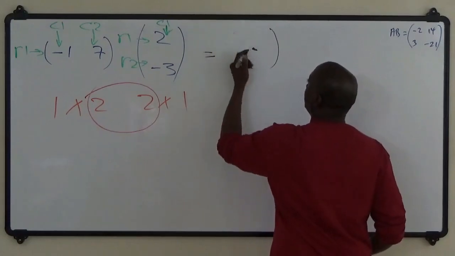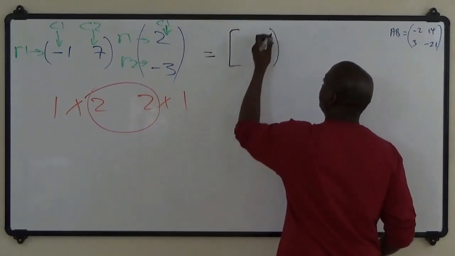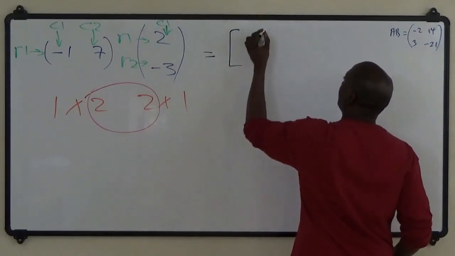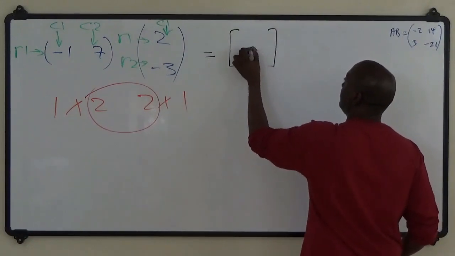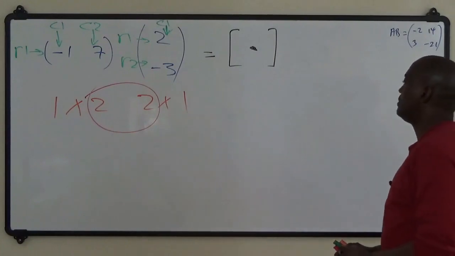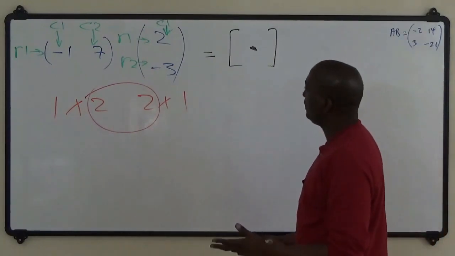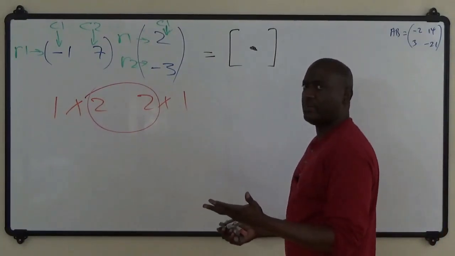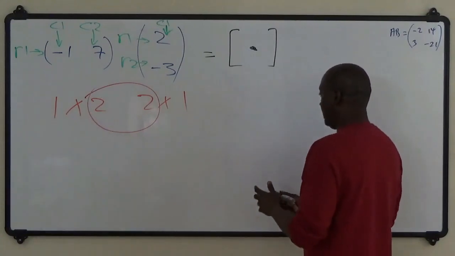Remember for the 1 by 1, we tend to use the square brackets, all right? We use the square brackets for the 1 by 1 matrix. So how do we get it? It's just 1 by 1, one row and one column, right?